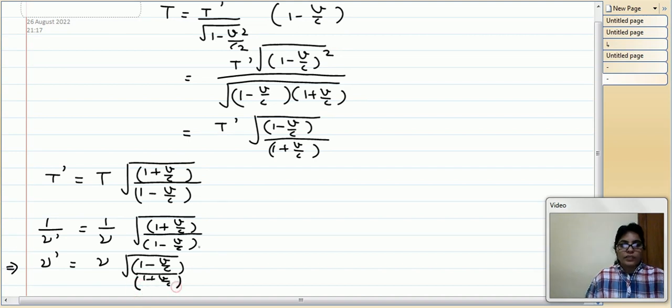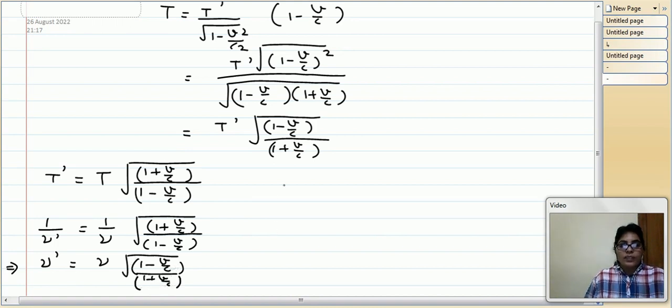So if V is positive, it means that the observer is moving away from the source. In that case, the denominator is more than the numerator, so this whole factor is less than 1.